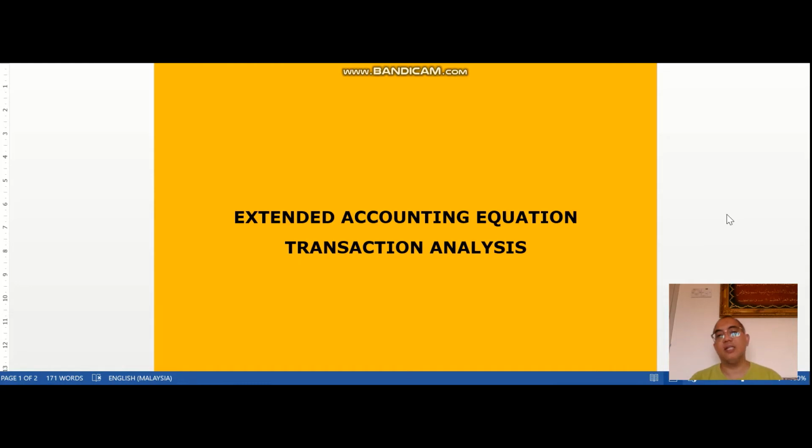An extended accounting equation is where you extend the equity part. So the equity part consists of your capital, your revenue, expenses, as well as your drawings. So we will look at those one by one.